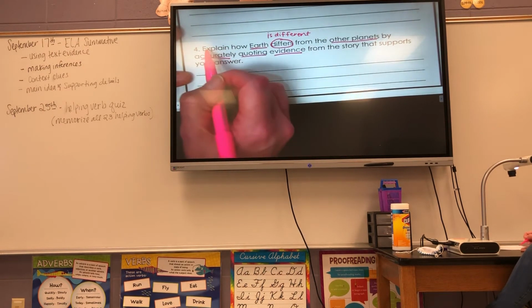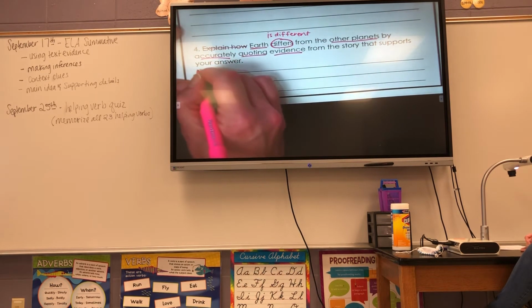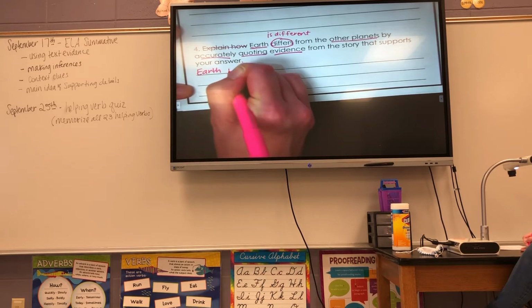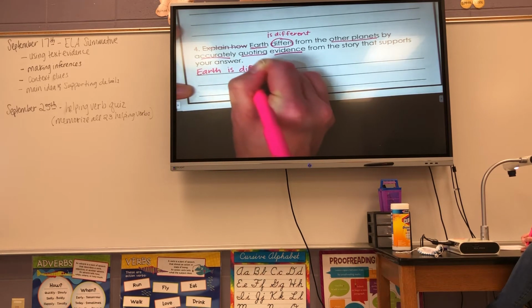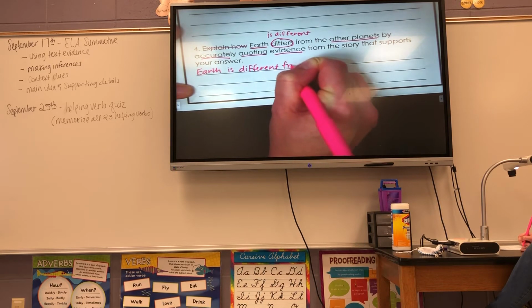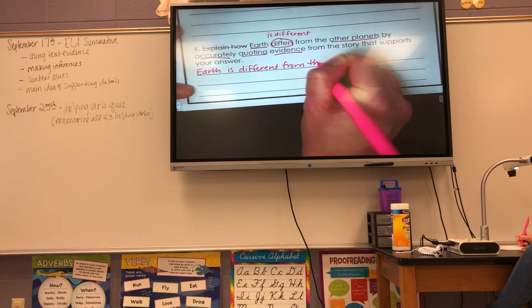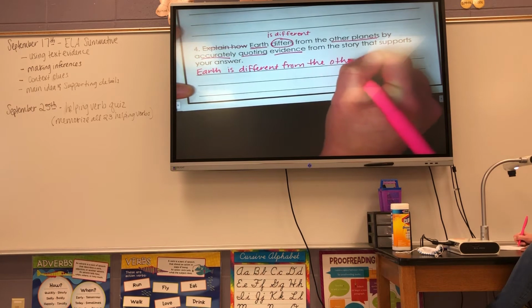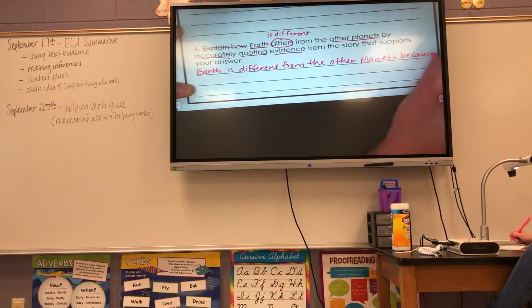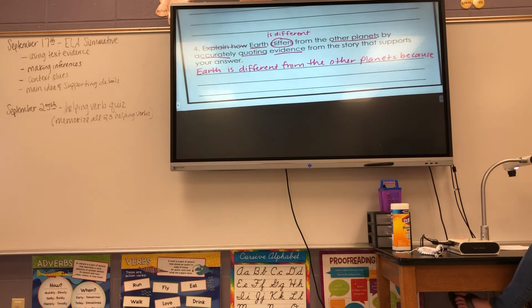I'm going to take my question words out where it says explain how, and I'm going to start with Earth. Earth is different from the other planets because, and then I'm going to look back at my passage.